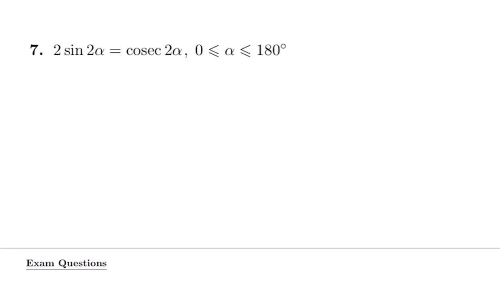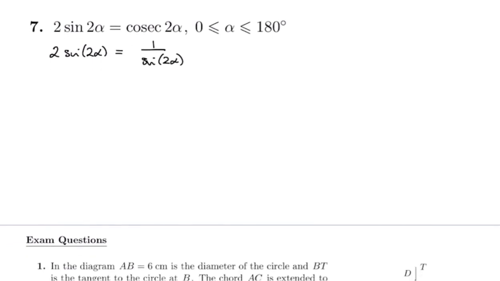So this one again is 2 sine 2 alpha equals 1 over sine of 2 alpha. Okay, you're going to end up with a sine squared. You're going to end up with 2 equations to solve, a positive and a negative. I'll give you the answers that you should be aiming for.